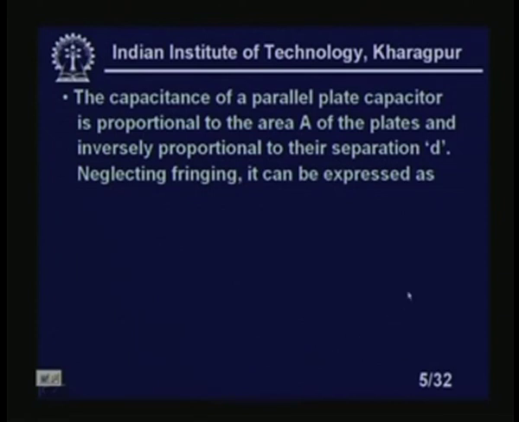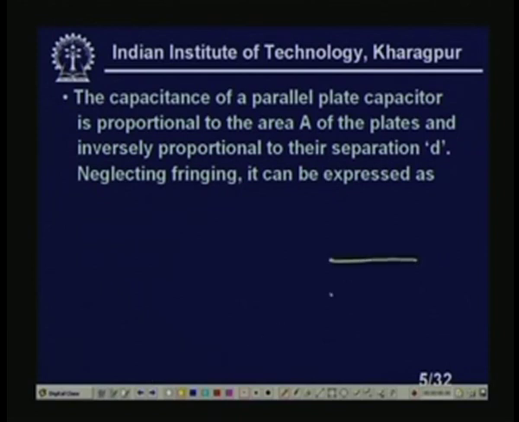If you have two plates, the field lines will be like this one, and at the ends, since the lines repel each other, it will be straight in the middle but curved like this at the ends. This is called the fringing effect, and for the fringing effect you cannot get an exact mathematical expression, but if you neglect the fringing, then the mathematical expression of the capacitance looks like this.